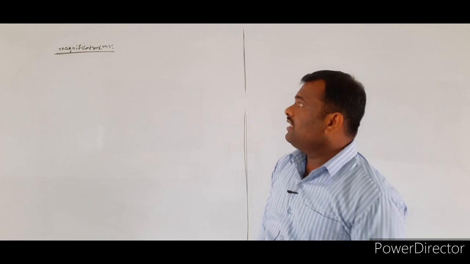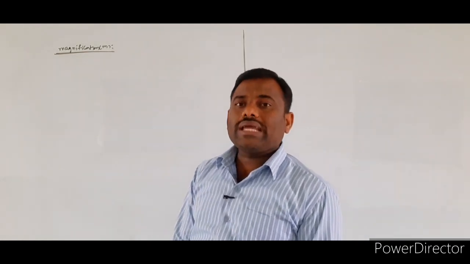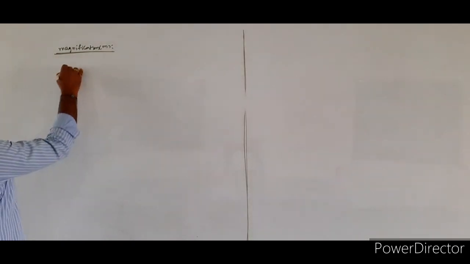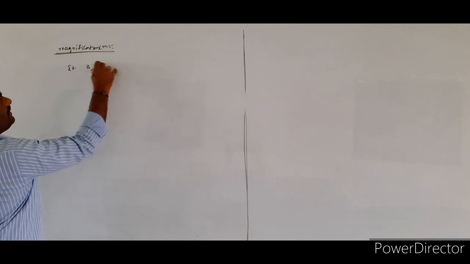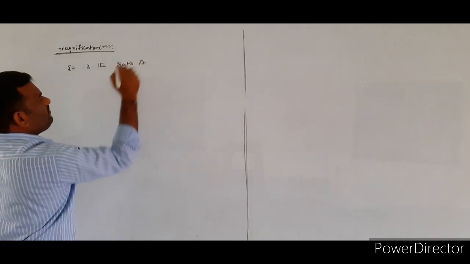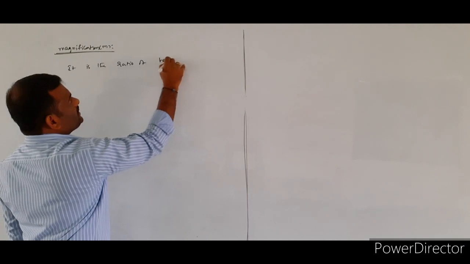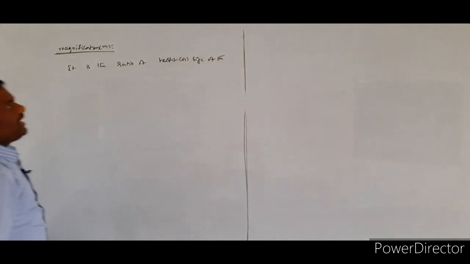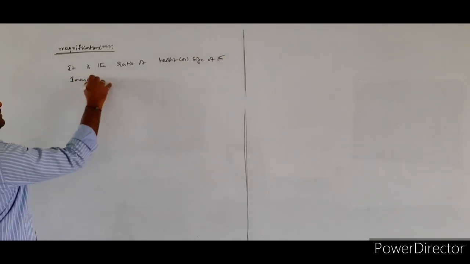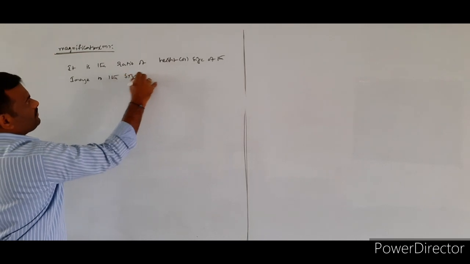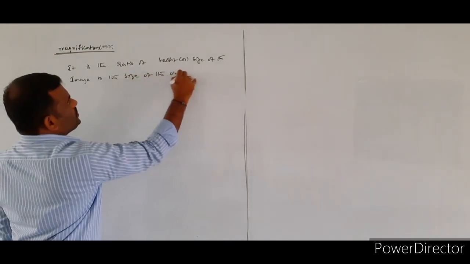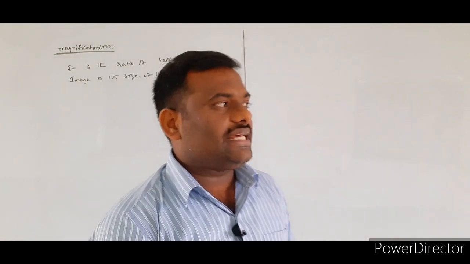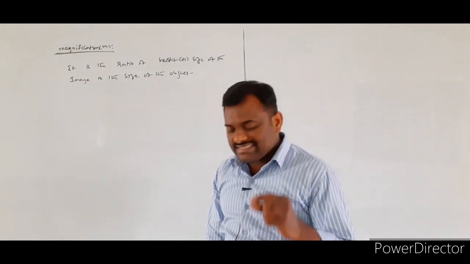Next concept is magnification. How can we define the magnification? Magnification is defined as the ratio of the size of the image to the size of the object.